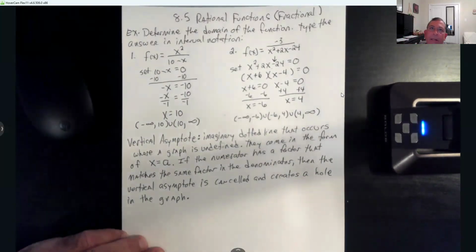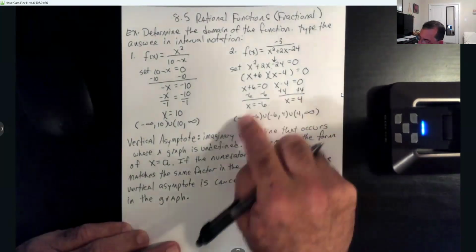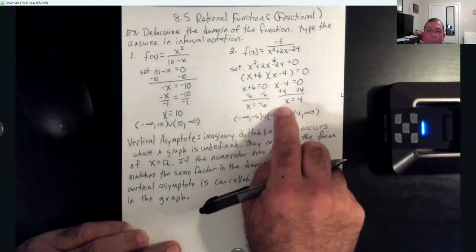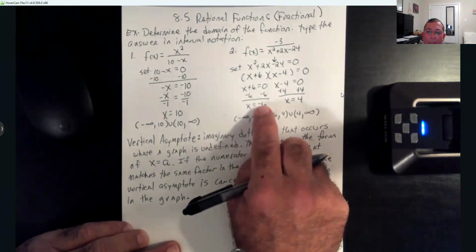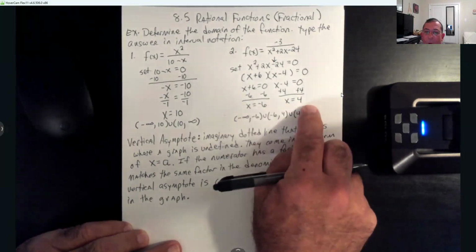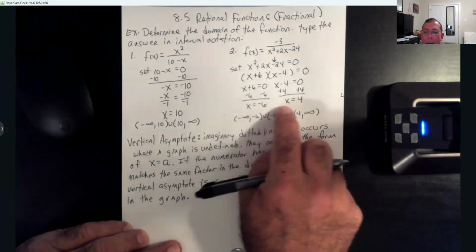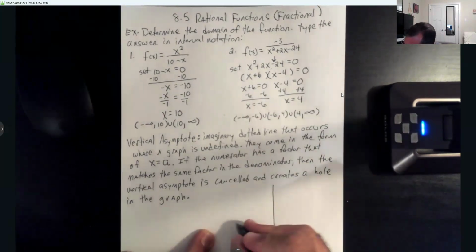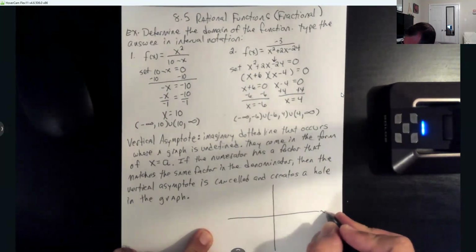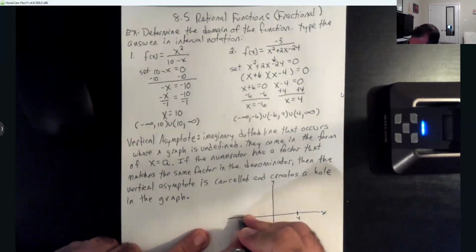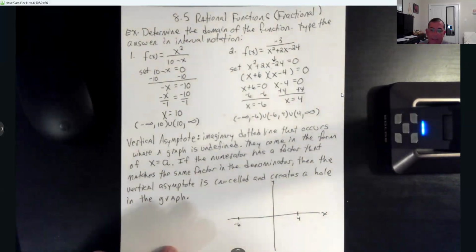All right, so let me do one, well, actually this one I graphed a while ago. My function was undefined at -6 and 4. So what happens at -6 and 4 on the graph? Say over here was +4, and over here was -6.